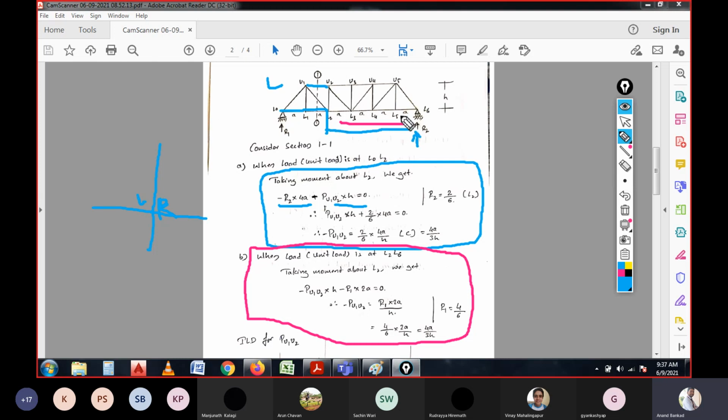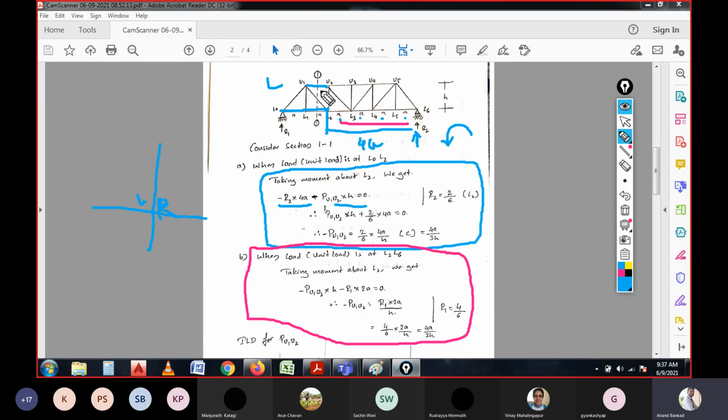What is the distance? 1, 2, 3 and 4. Four numbers of A, that is 4A. R2 into 4A has anti-clockwise movement for L2, so it is negative here.